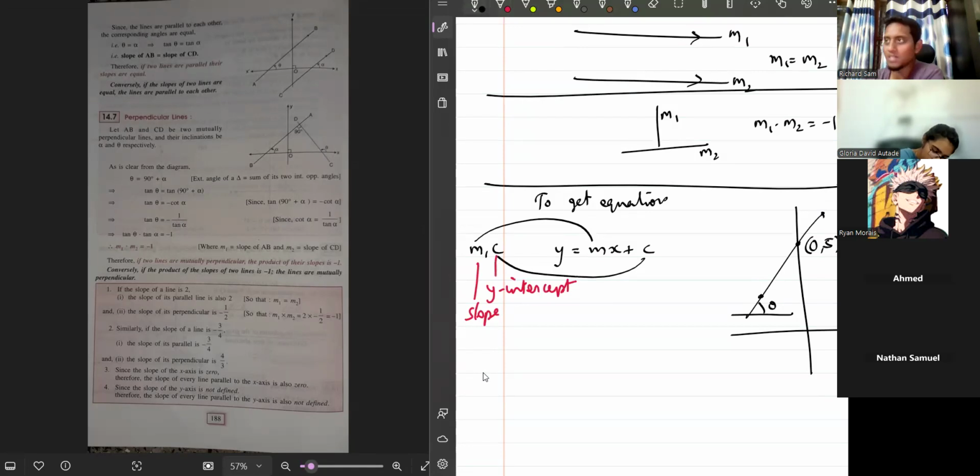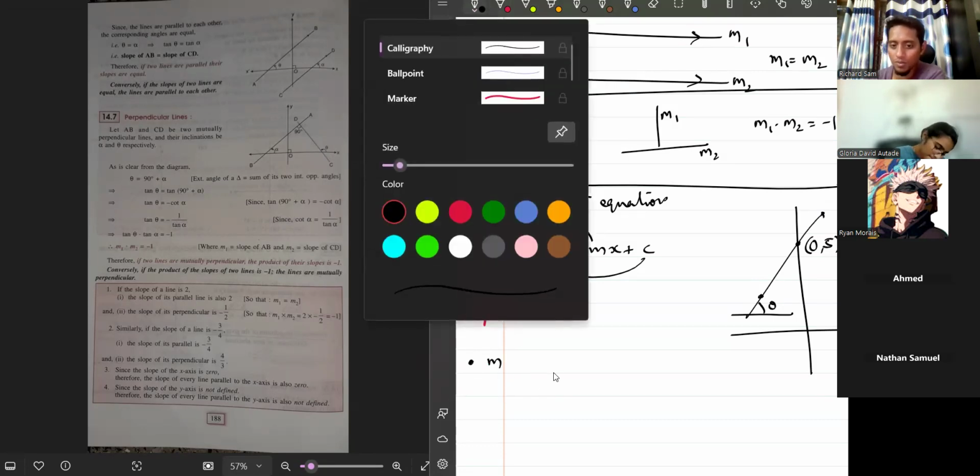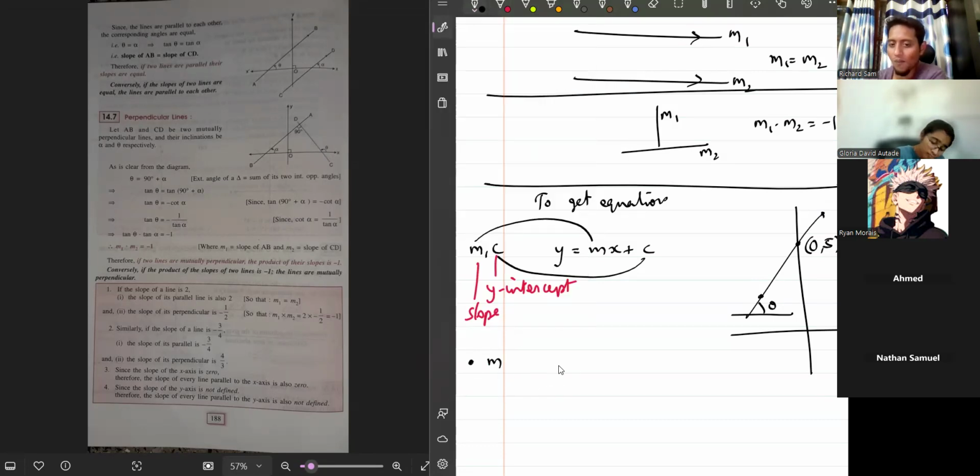Okay. The second formula is if you have a point and slope. You have 1 point and you have the slope. Then you'll use this formula. What's the formula, anyone? Correct. Okay. y minus y1 is equal to m into x minus x1.